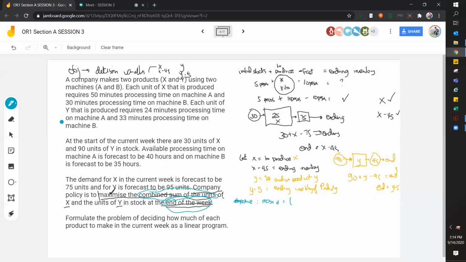Which is? Ending inventory pareho. Okay. So we have x minus 45 para kay x. Malinaw? Plus, kasi sum daw eh, plus y minus 5. Questions? Clear dun? Okay, good. Next. Constraints.